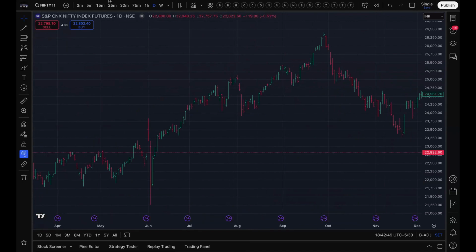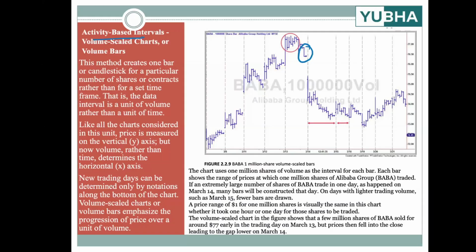Okay, I'll go back. Any questions that anybody has? Yeah, Harsh. Unfortunately, it's not there on TradingView, but what you need to understand is that this bar really shows the amount of activity.